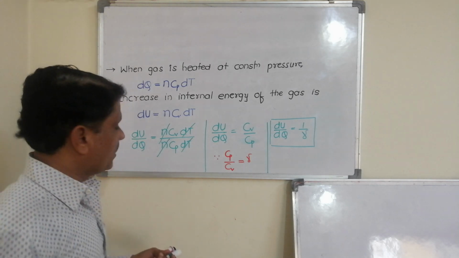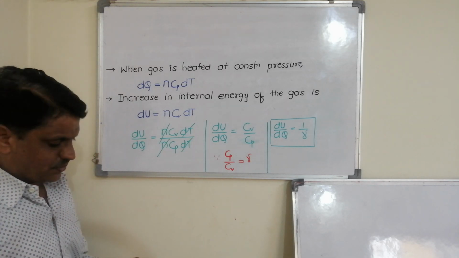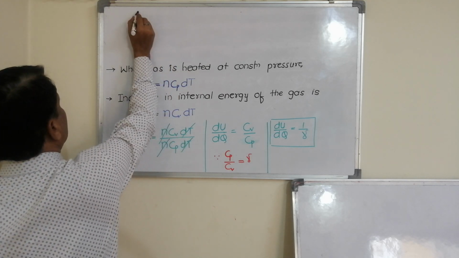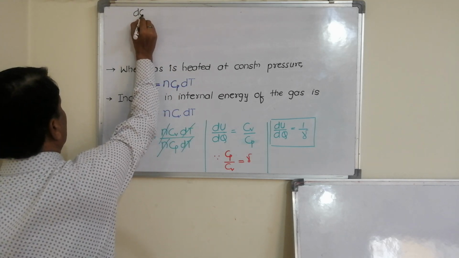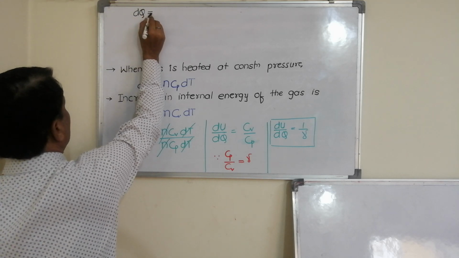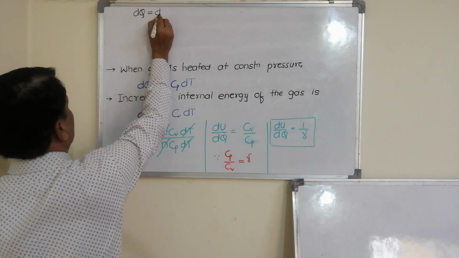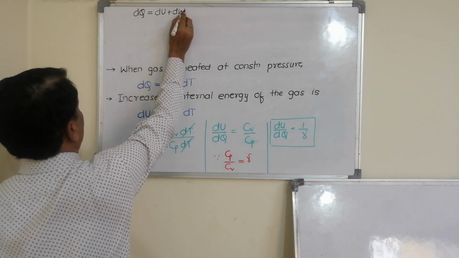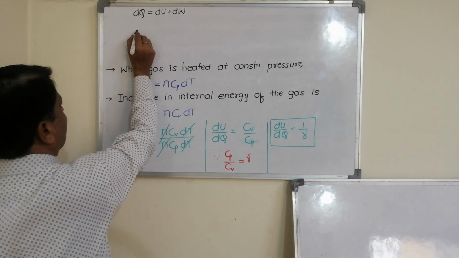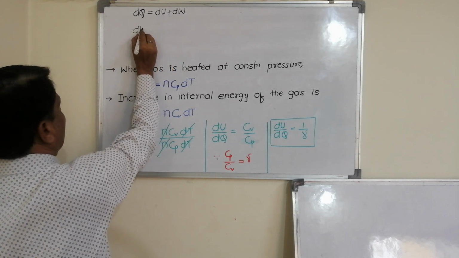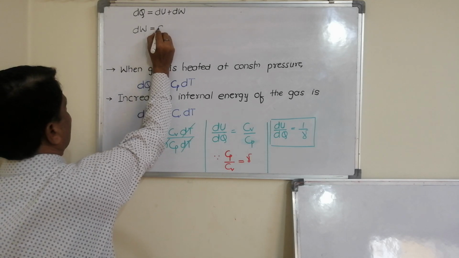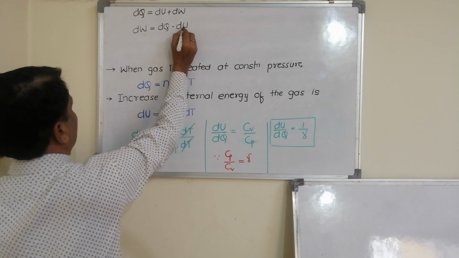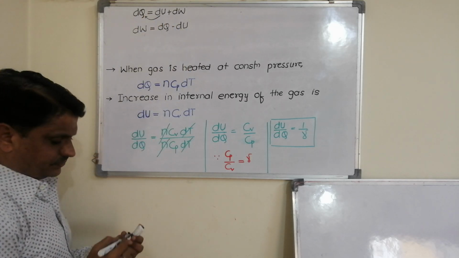Okay, now we want dW by dQ. But before going to that, as you know, according to the first law of thermodynamics, dQ is equal to dU plus dW. Today we want dW. dW is nothing but dQ minus dU, meaning we have to send dU to this side.